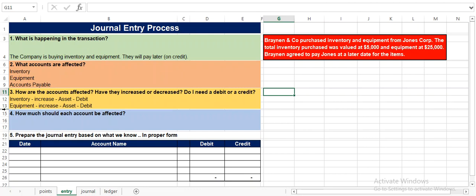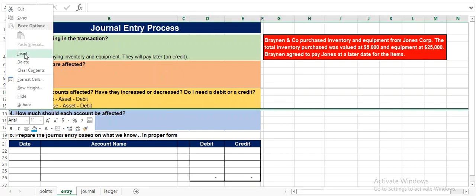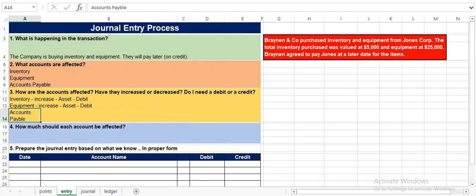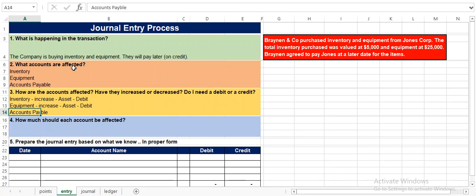And so this part should be easy here. If we add that account, let's see if it does work out. How is this account affected? Let's add accounts payable. What happens with the accounts payable account? Well, this account should be affected by what? Is it an increase or is it a decrease?